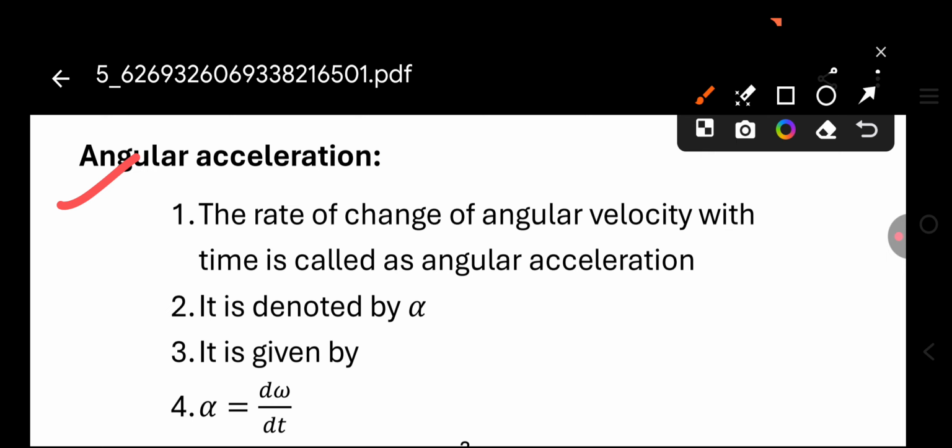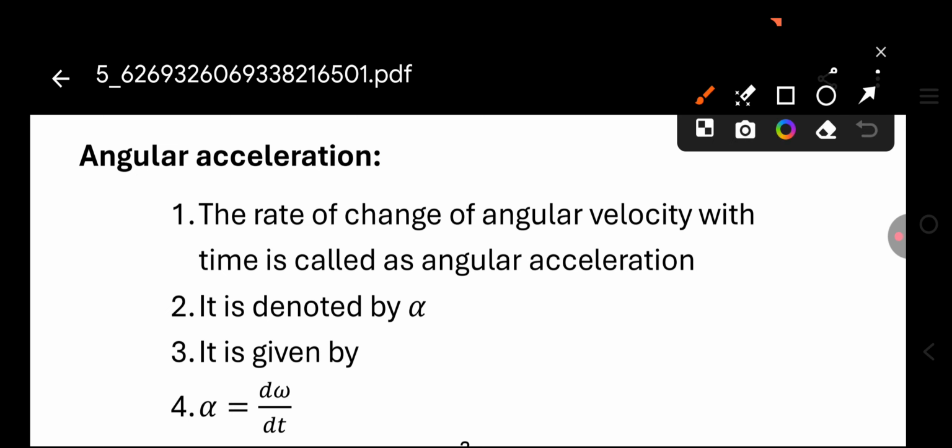The rate of change of angular velocity with time is called angular acceleration. Just as we used linear velocity in linear acceleration, in this definition we will use angular velocity.